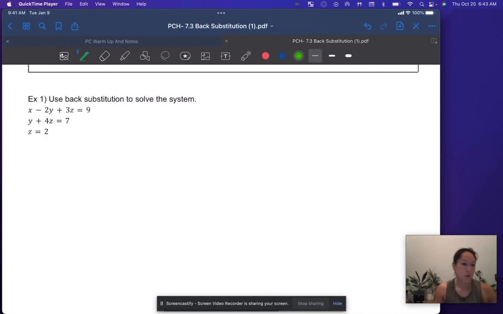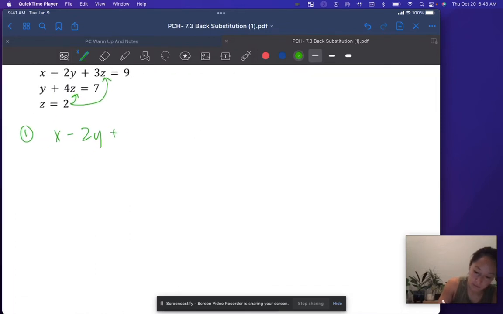This one we already know what z is, so we're going to start by taking z and substituting it into the 2 other equations. So the first step, I'm going to say is x minus 2y plus 3z, and instead of z, we're going to replace that with a 2.